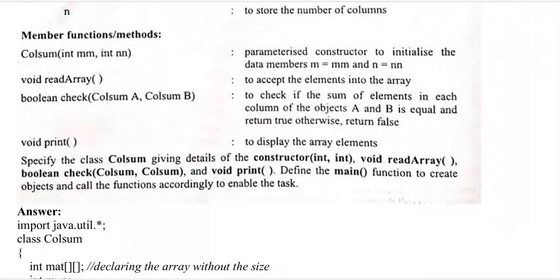So you can see here the parameterized constructor to be created, read array function to accept the array, Boolean check function which is having two objects as a parameter, and it will check whether both the objects' arrays satisfy the condition, and print will display that.